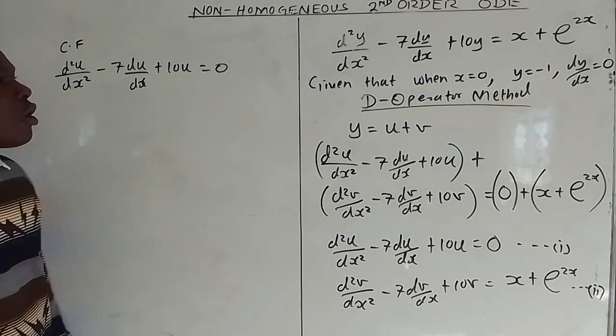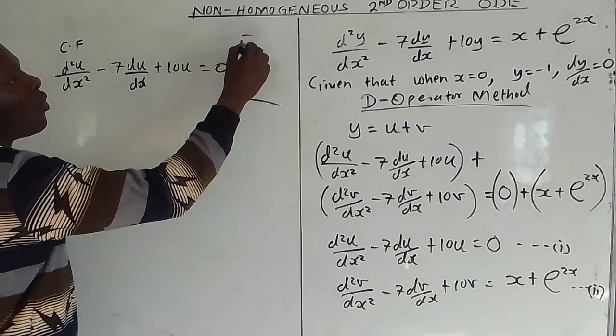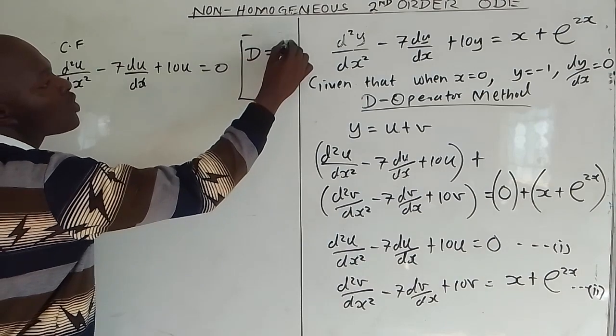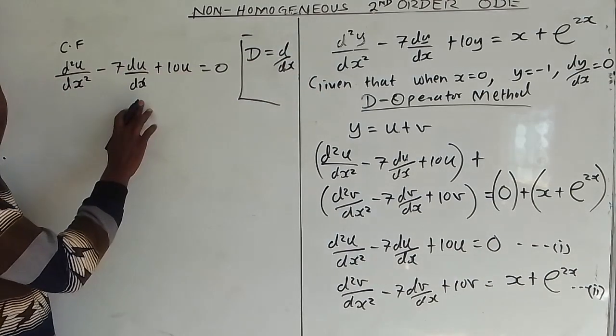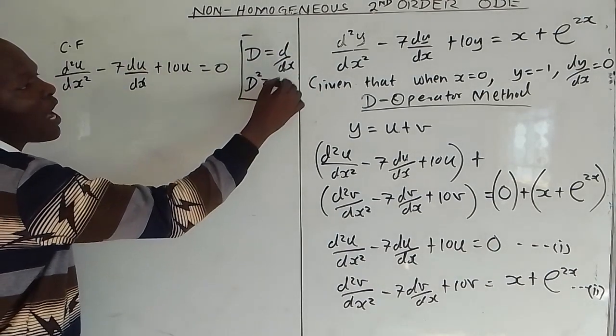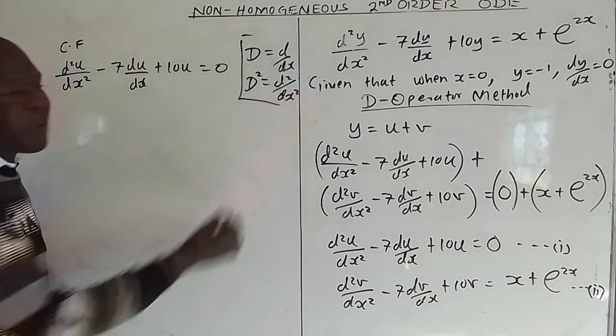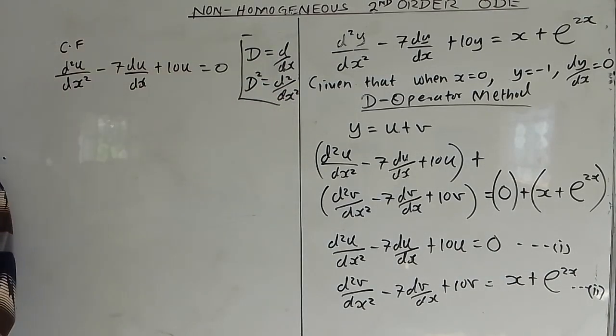Now using the D operator, where there is d over dx, you substitute with D. Then it means d squared over dx squared will be D squared. That is the D operator method.